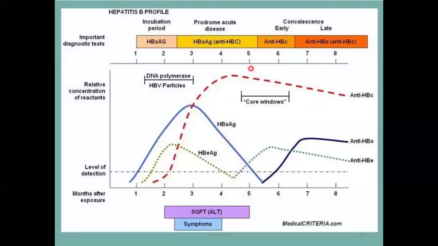But antigens rise in acute disease, okay? And they fall when the infection resolves. That is the first principle I want you to know. Antigens rise in acute disease and fall when the infection resolves.